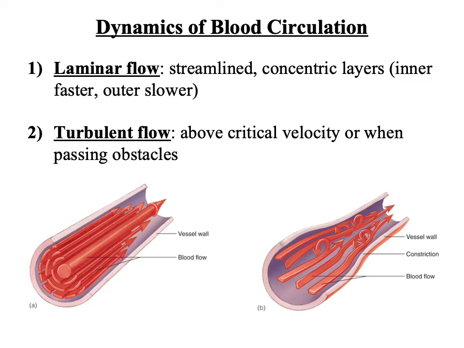That large arrow right in the middle indicates that the blood is flowing fastest right through the center of the vessel. As we radiate out from there, the arrows get shorter and shorter because the blood flow is slowest in the layer right against the vessel wall.